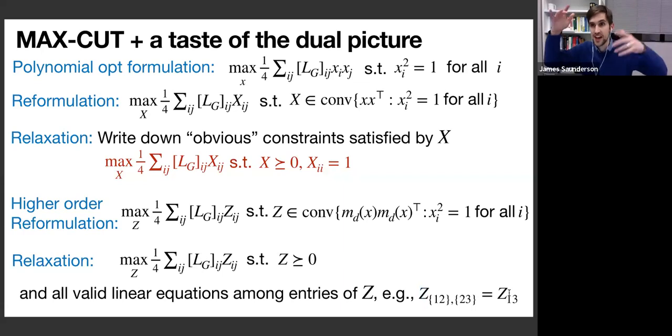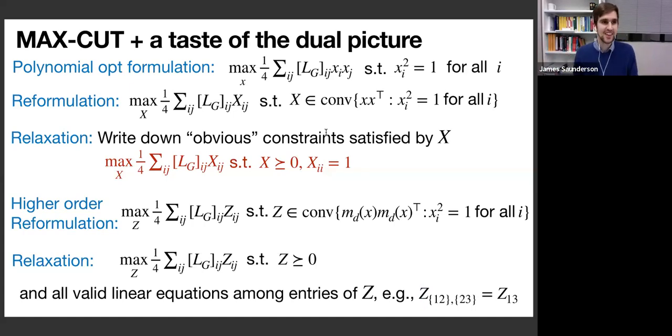Okay, so you can play this game all through, using this constraint as much as you can, and you can get a bunch of linear equations that this thing should satisfy. You're writing down more consistency conditions than we wrote down before, and so you get a tighter relaxation. This really is the dual to the sum of squares relaxation that we did with higher order multipliers.